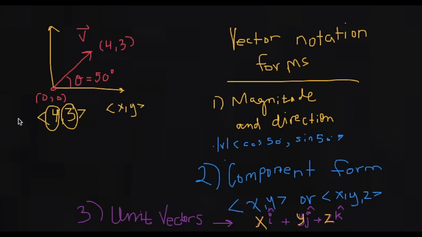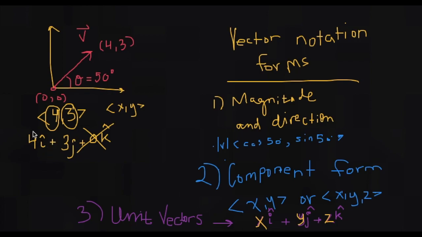So the way we would write this out in unit vector form is by attaching 4 with i plus 3 with j plus 0 with k. We don't have to write this because we don't have anything along the z-axis. This vector is only in 2 dimensions.